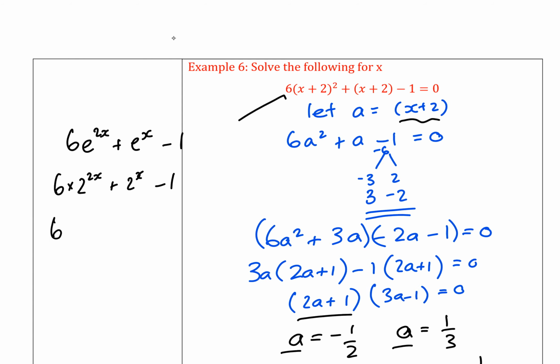It might even be 6 times cos squared x plus cos x minus 1. But as long as we have something that's of order 2, of order 1, and of order 0, when we can recognize the quadratic form, we could just make a simple substitution and solve it as such.